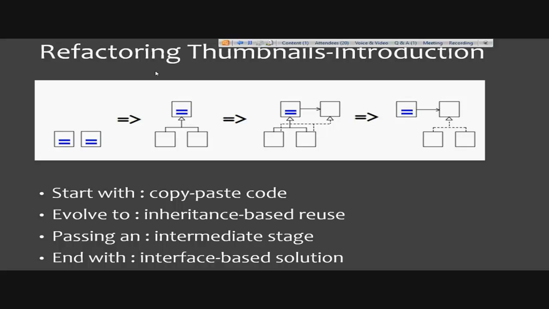So that is the reason I prefer you to practice refactoring through refactoring thumbnails. It is very easy to understand and think about refactoring through them. Now when you have a series of thumbnails, you go to the evolution chart.